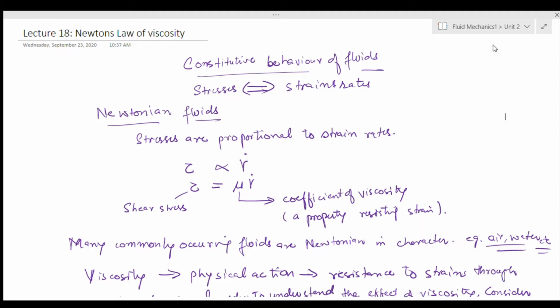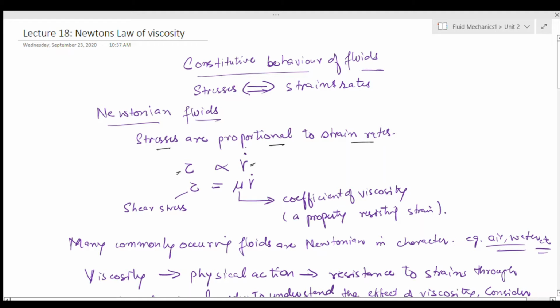In that, we are going to talk about Newtonian fluids. Newtonian fluids are those kinds of fluids where stresses are proportional to strain rates. For these types of fluids, we can say that tau, which is our stress, is directly proportional to strain rate. Keep in mind, we are not talking about strain only, we are talking about strain rate. That's why gamma dot.